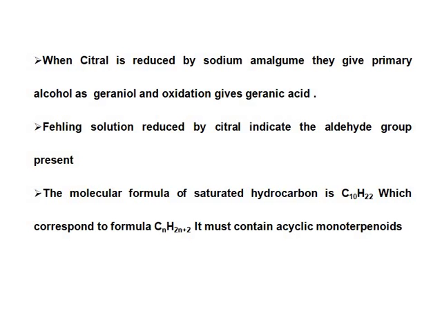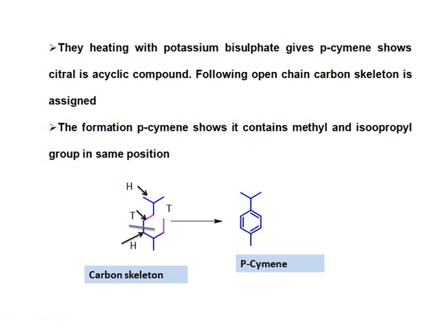Next, the molecular formula of the saturated hydrocarbon is C10H22, which corresponds to CnH2n+2, and therefore citral must be an acyclic monoterpenoid. On heating citral with potassium bisulfate, it gives paracymene. So this carbon skeleton will be present.